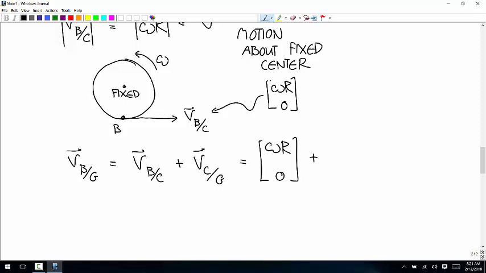Question? Okay, so velocity of B relative to the center is this. Velocity of the center relative to the ground is this.